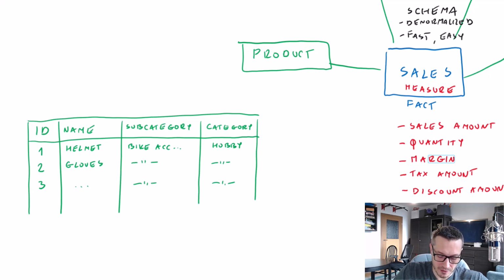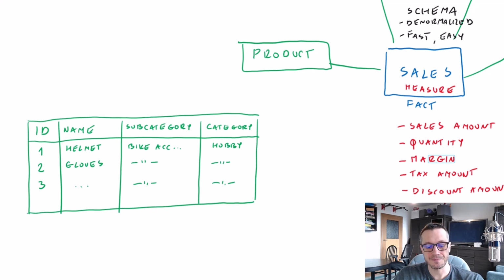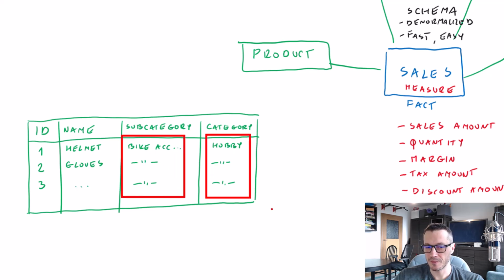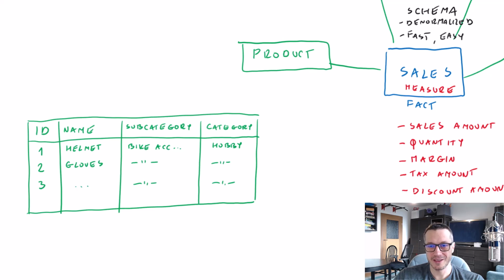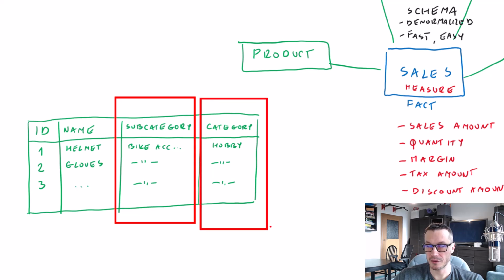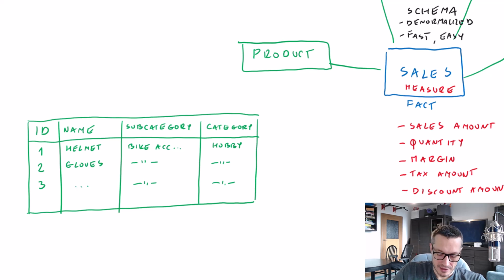So you might already see that because our data is denormalized, you might have a lot of data repetitions. Probably in your OLTP database, you would have a different table for subcategory and different for category, because that's what we want to have inside our OLTP database.